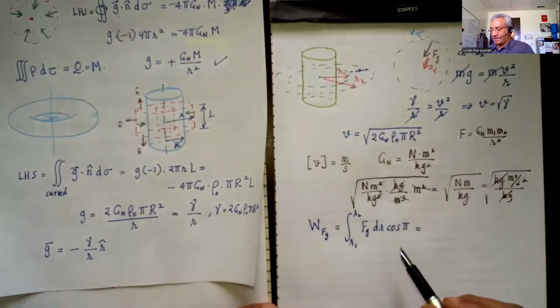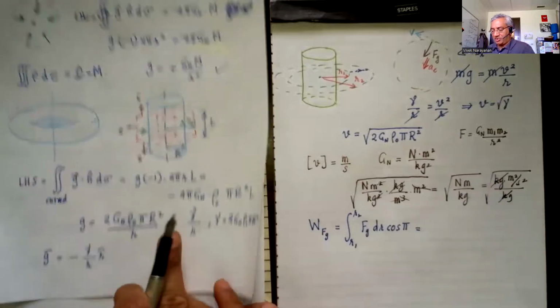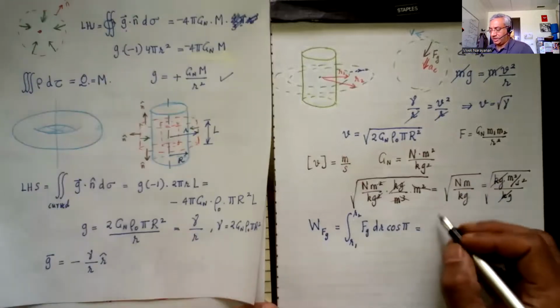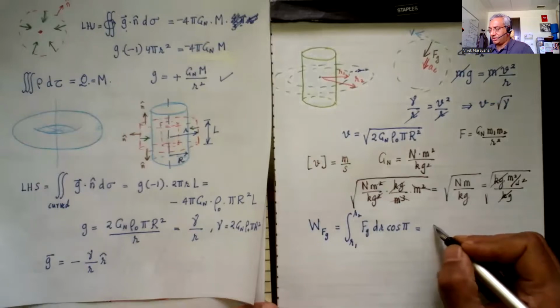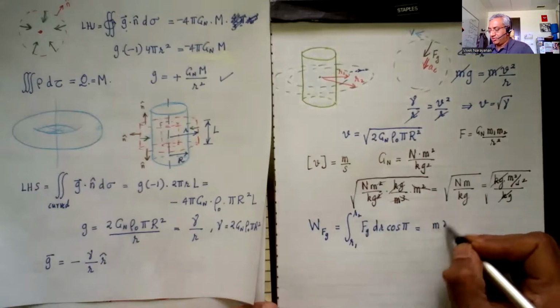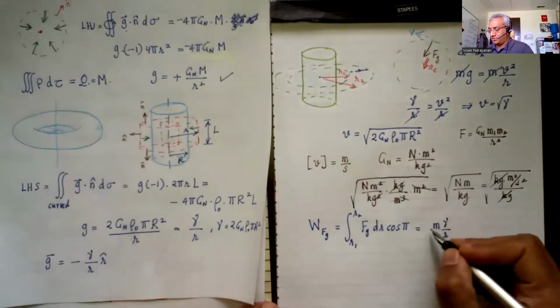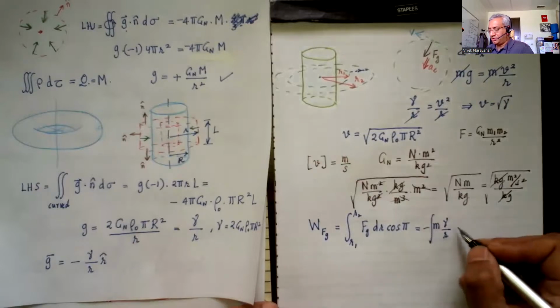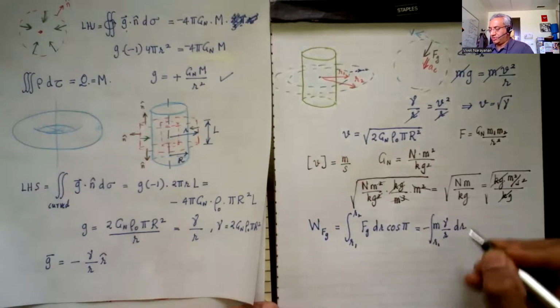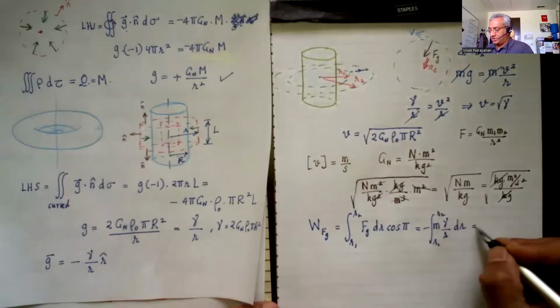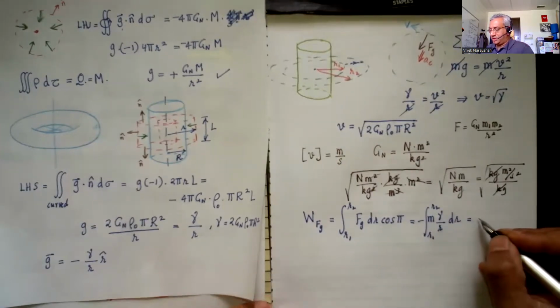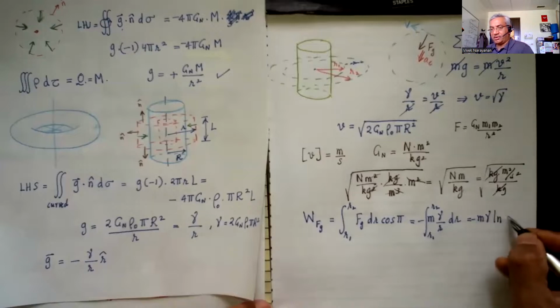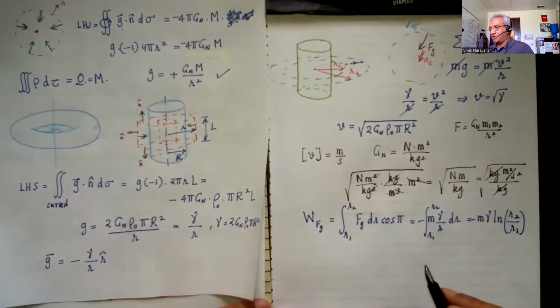So the magnitude is gamma over r. So Fg is just mass of the astronaut times gamma over r, dr, from R1 to R2. So that's going to be negative m gamma, natural log of R2 over R1, because the integral of 1 over r is natural log.